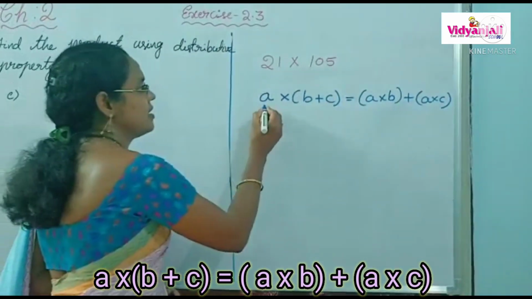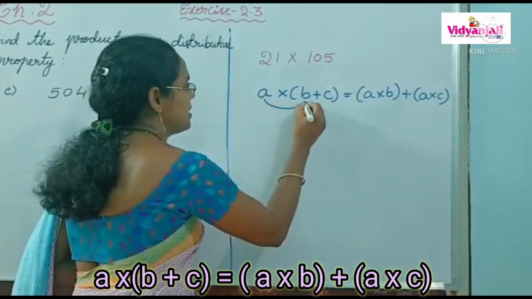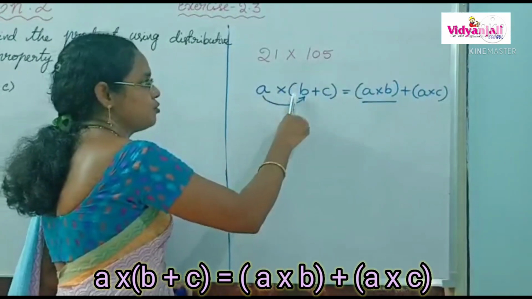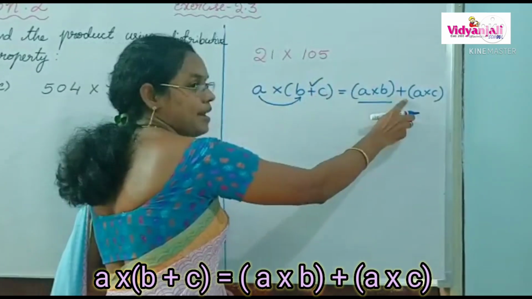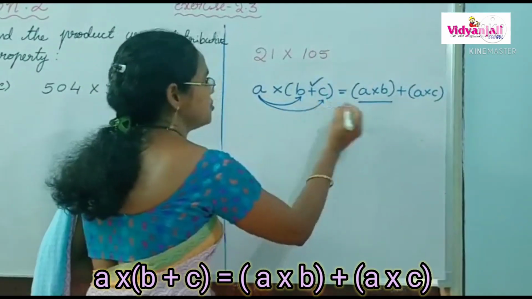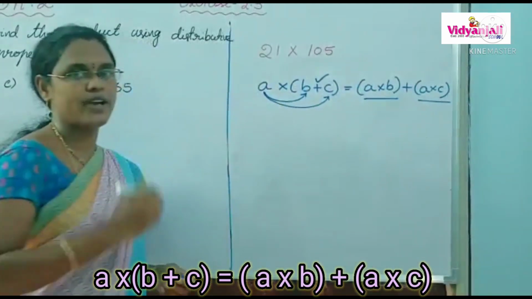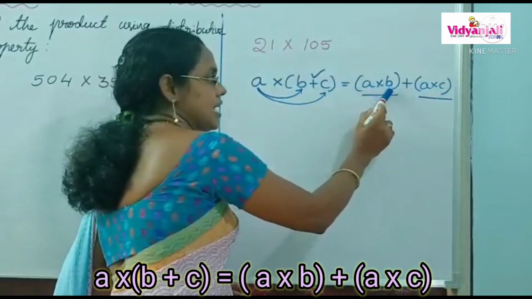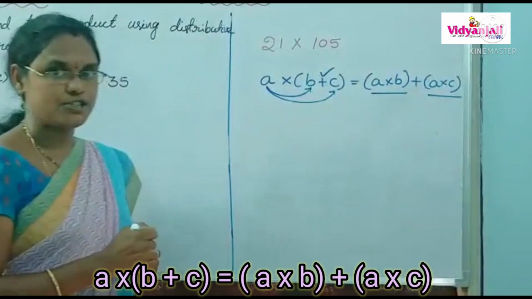It's very easy. A into B plus C can be written as A into B plus A into C. Is it clear, children? Very easy to understand.